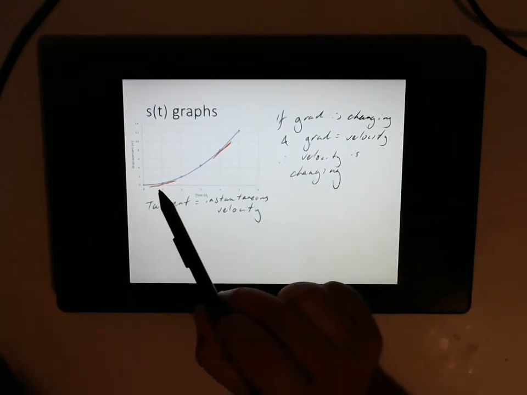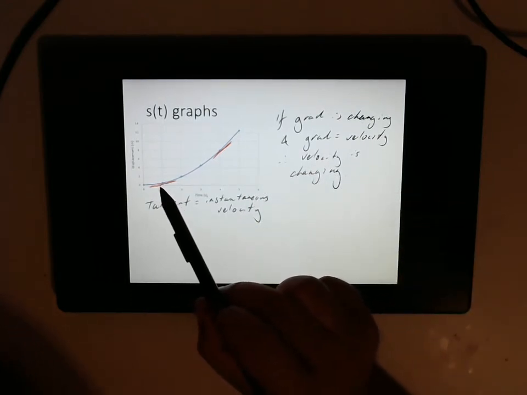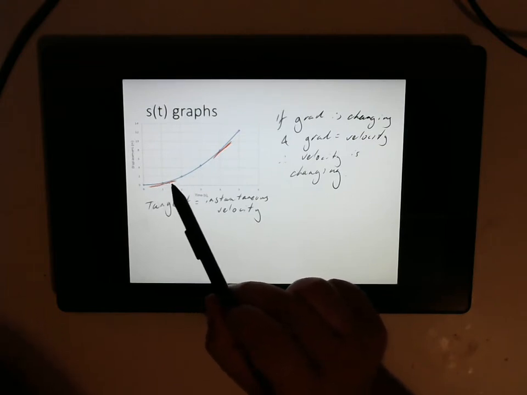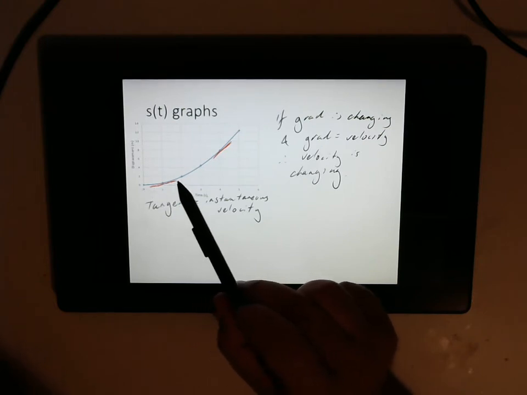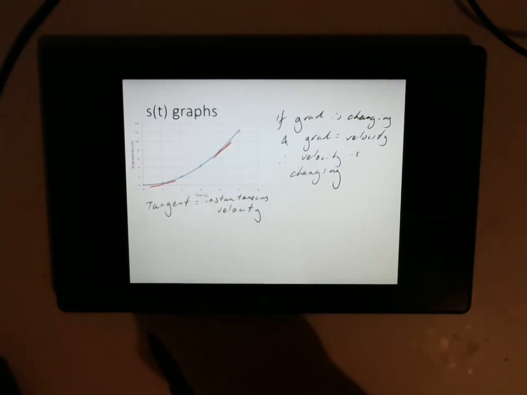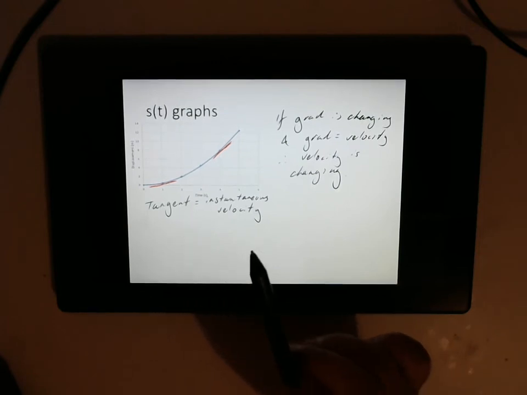So if I wanted to know the velocity at t equals 1 here, I would draw my tangent here, and work out the gradient of this line. I can make the tangent go as long as I want in order to make it easier to figure out, but I still have to take a tangent to the curve and then get the gradient of that new tangent line.